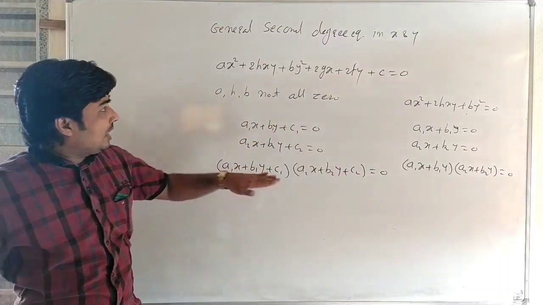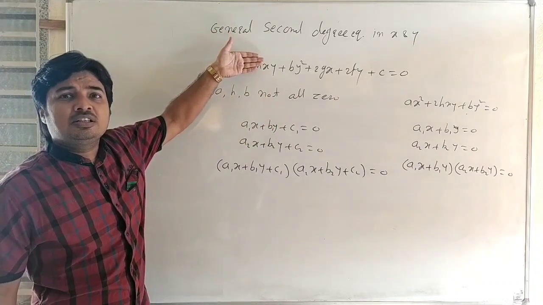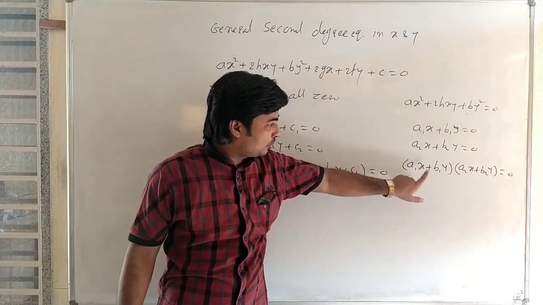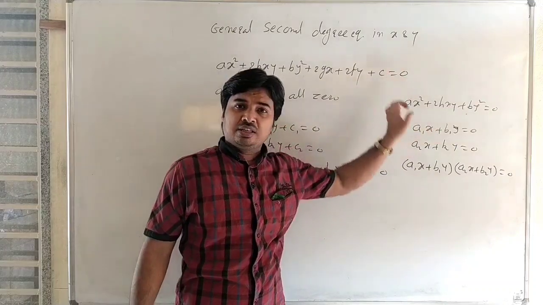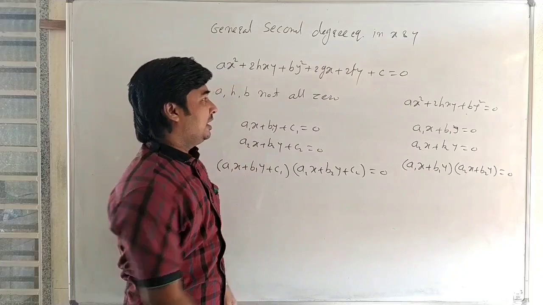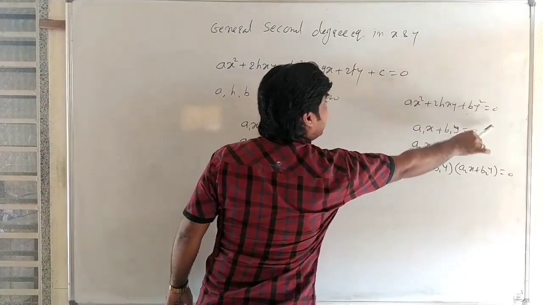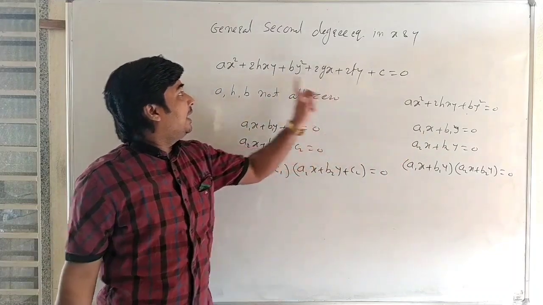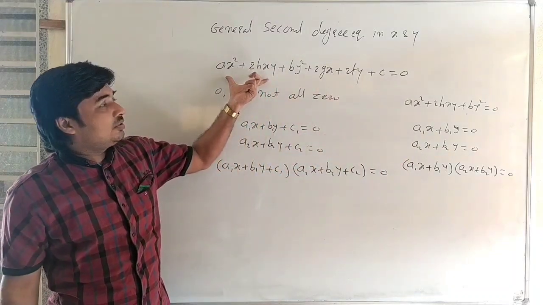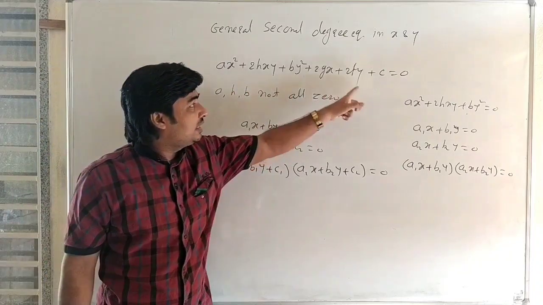Then the combined equation of any two lines represents the general second degree equation, and the combined equation of lines passing through origin represents a second degree equation, but it is a homogeneous second degree equation. Every second degree homogeneous equation is a second degree equation, but every second degree equation need not be a homogeneous equation. It is only a second degree equation.